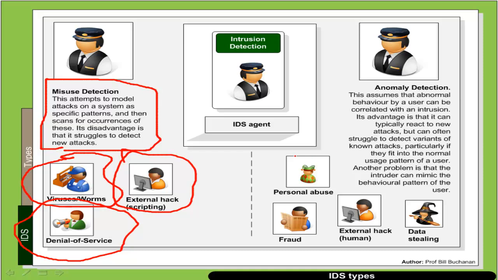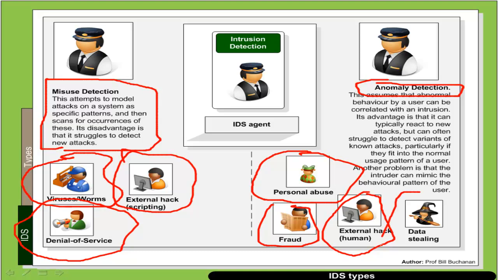For other types of attack, typically ones that are more human based, we have what's called anomaly detection, and that focuses on defining what is normal and then monitoring activity to see if it deviates away from this normal. So areas such as personal abuse, fraud, an external hack from a human, and data stealing will typically be focused on anomaly detection. So the systems we'll look at are typically focusing on misuse detection, but anomaly detection is a growing area.